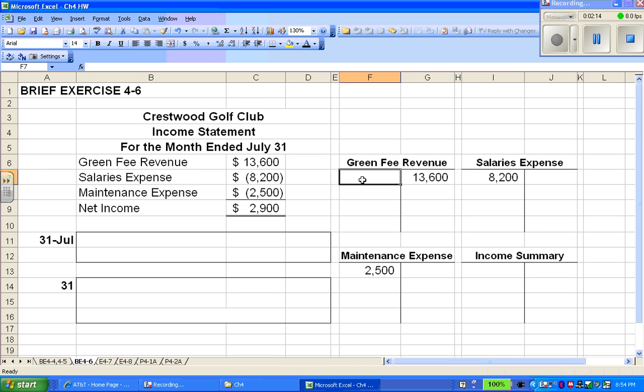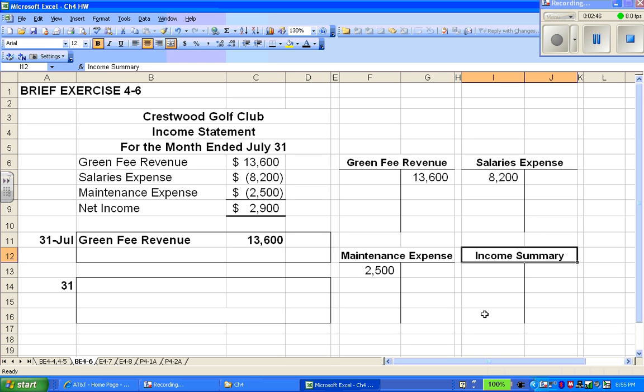It's the end of the year. I want to clear out my revenue and expense accounts so that I can start recording for the new fiscal year. All right, so getting back to my first closing entry, I'm going to debit green fee revenue for 13,600. And then we learned about this new account, the income summary account, and you want to think of it as just the bucket that you're throwing your revenue and expenses in, and then you're going to see what settles out.